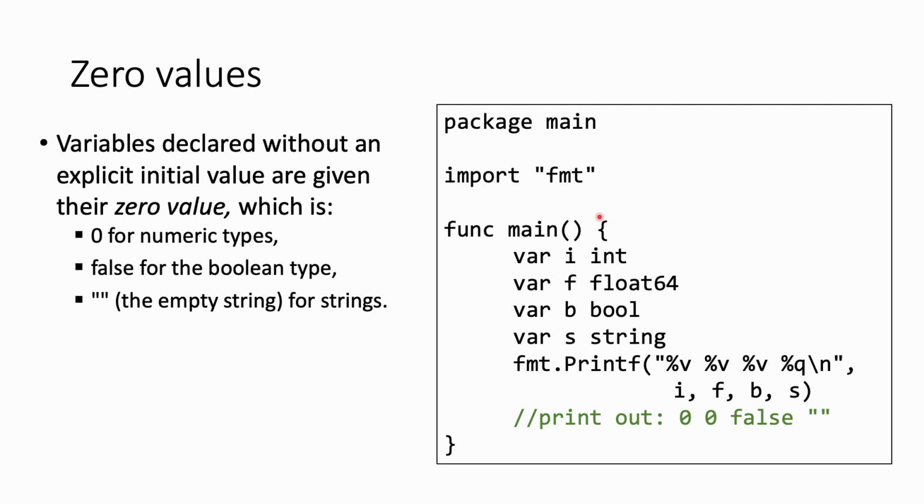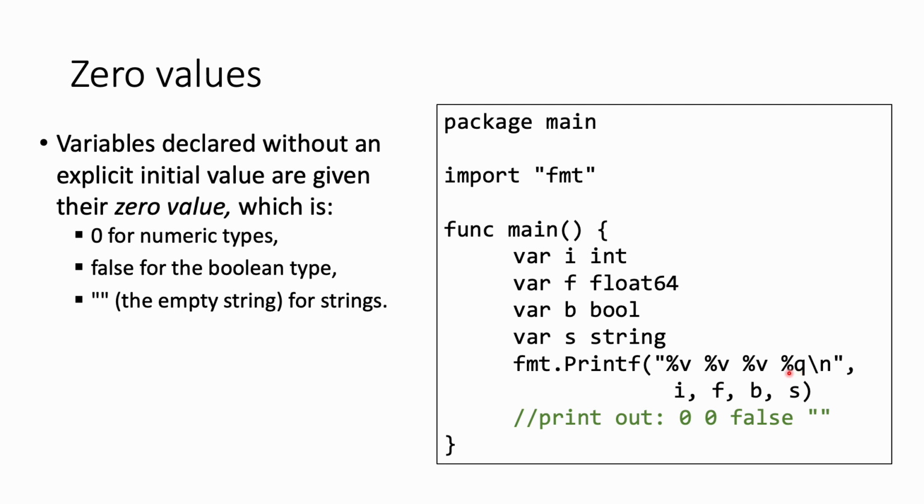For example, in this program, we declare 4 variables i, f, b, and s without initial values. And then we print out the values.